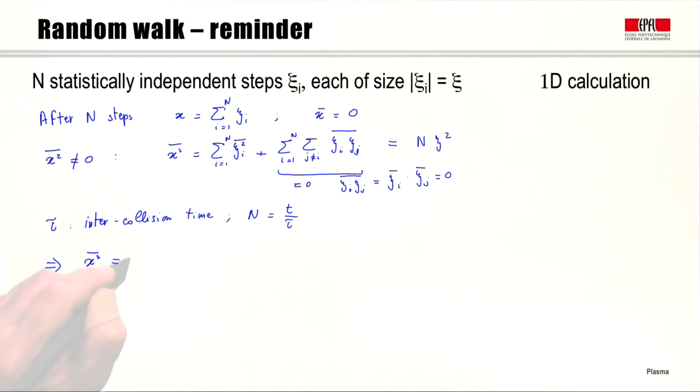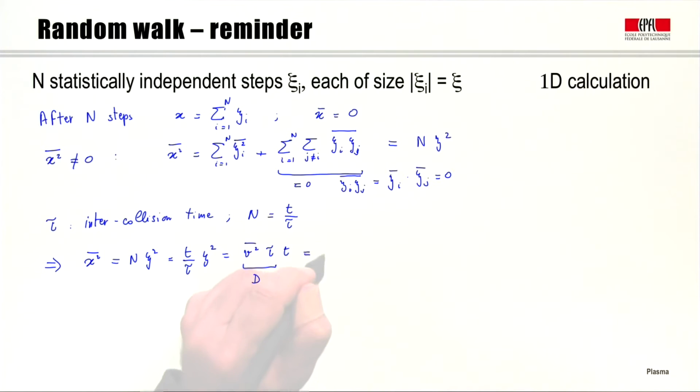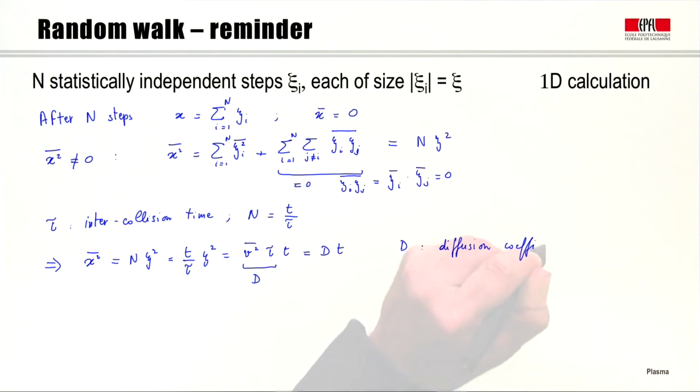The average of x squared is equal to N times psi squared, which is equal to t over tau times psi squared, which is equal to the typical average square velocity times tau times t. And this product, the average of v squared times tau, can be called D, the diffusion coefficient.